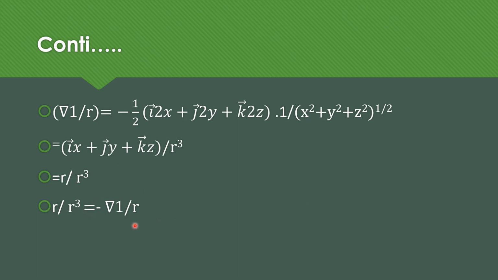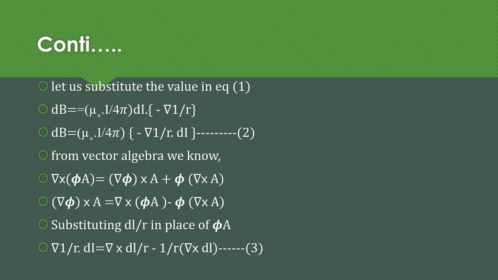Here we have replaced r by r cube by minus del of 1 by r. So this equation becomes dB is equal to mu 0 I by 4 pi into dL cross minus del of 1 by r.